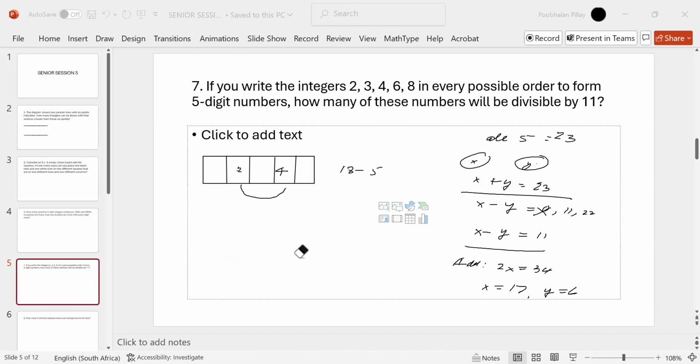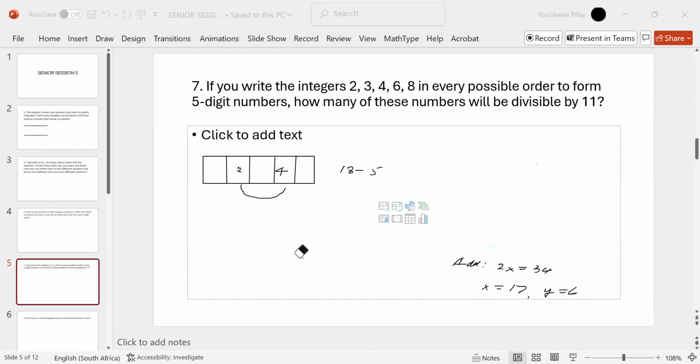Okay, we already got 2 and 4, so we need to fill in the remaining 3 numbers. You can't repeat because you want to write all these integers in the answer. Okay, so the remaining 3 numbers, the first number can be chosen in 3 ways, right? The numbers are going to be 3, 6, and 8.